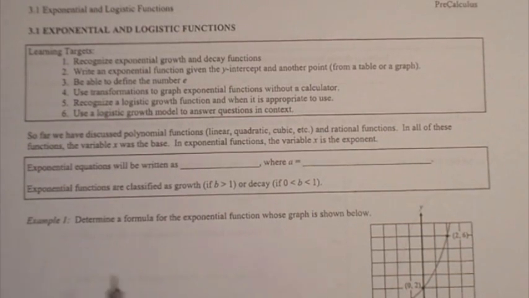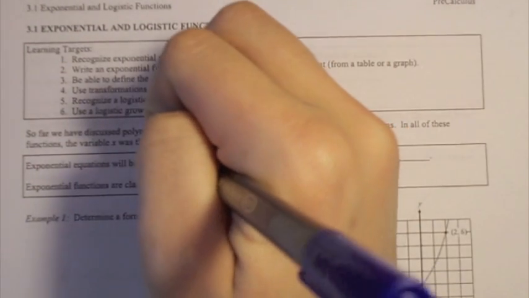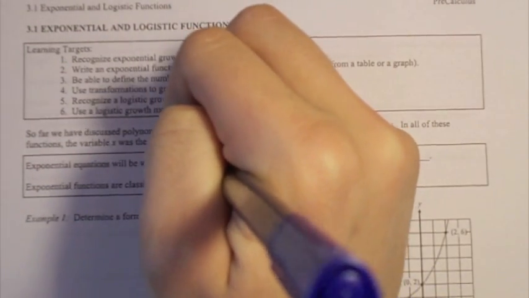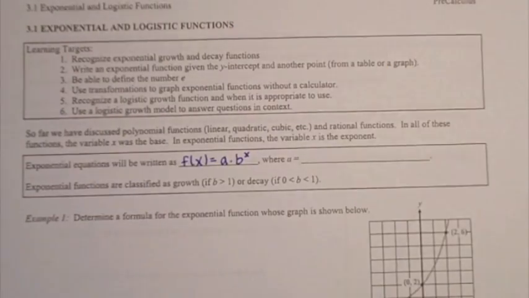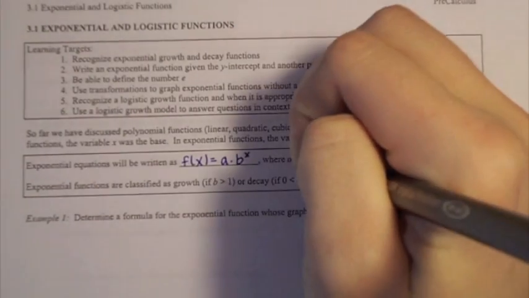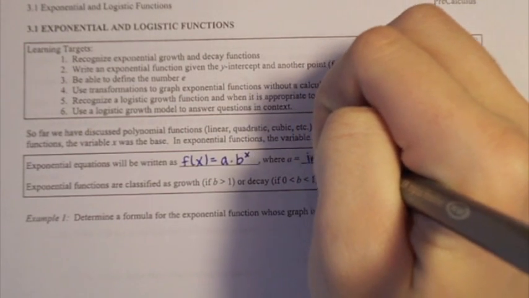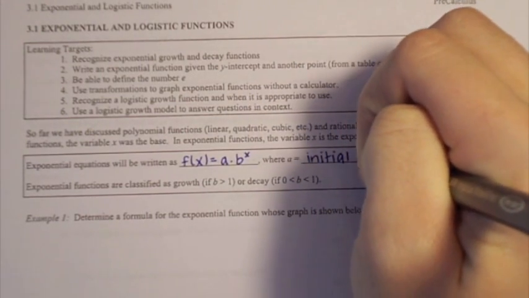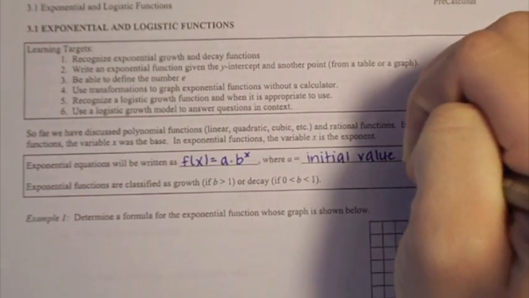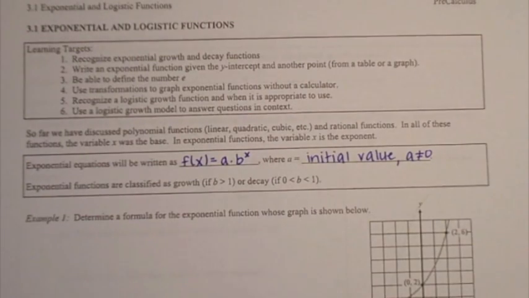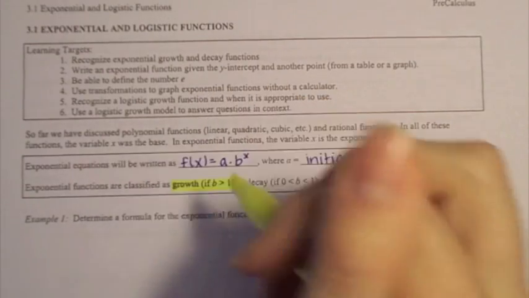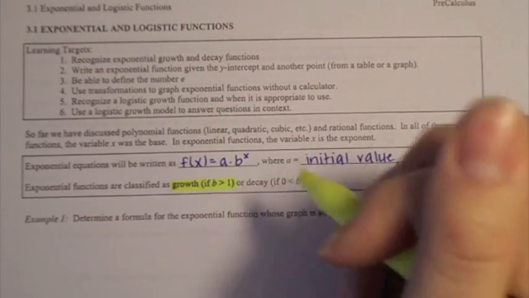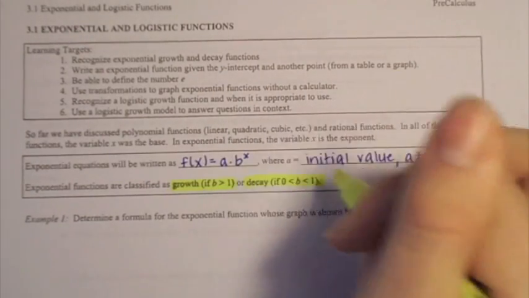Exponential equations will be written as f of x equals a times b raised to the x, where a is our initial value, and a cannot equal 0. Exponential functions are classified as growth if b is greater than 1, or decay if 0 is less than b is less than 1.